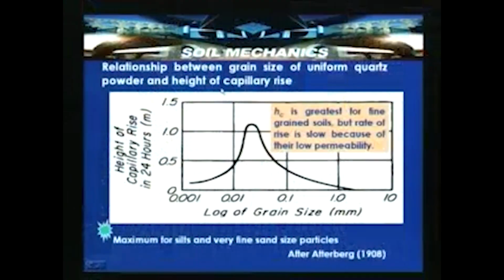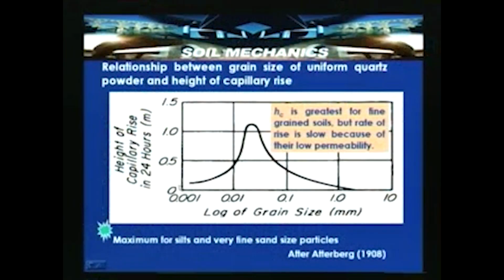Now plot the relationship between the height of capillary rise in 24 hours, let us consider how fast it can rise in 24 hours, and the log of the grain size in millimeter. The curve is plotted with 0.001, 0.01, 0.1, 1 and then 10.